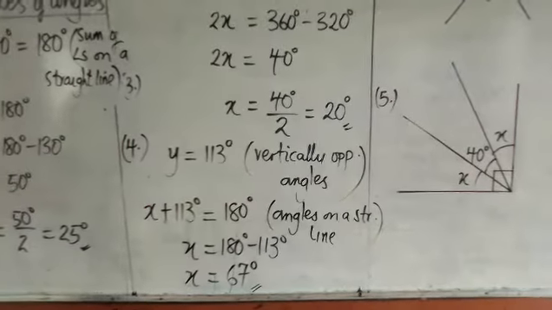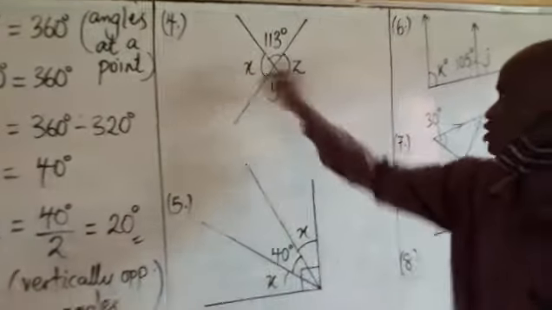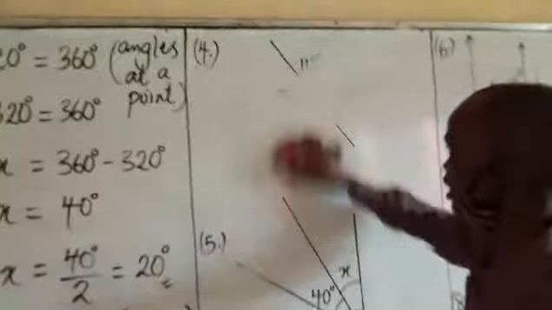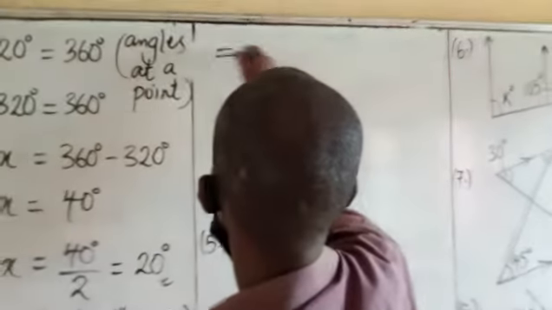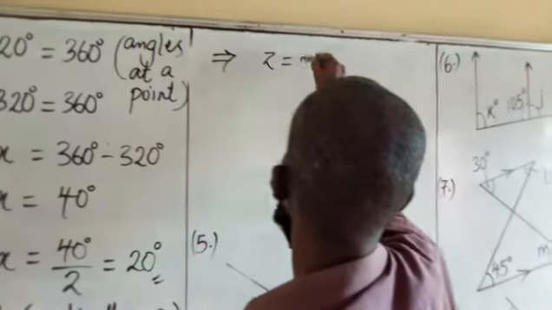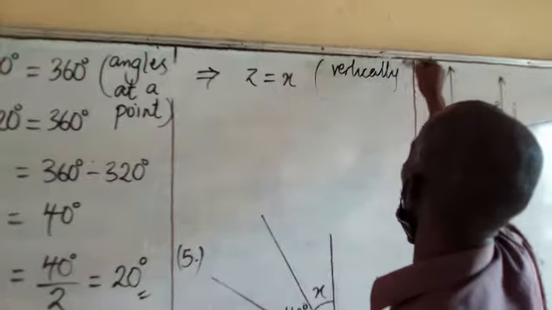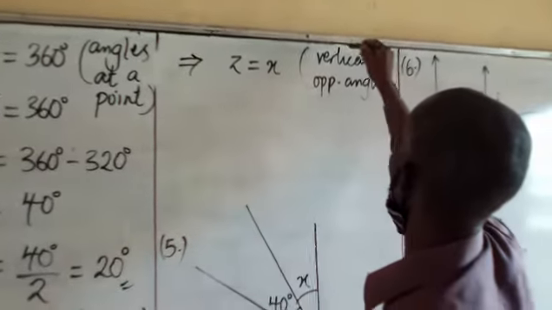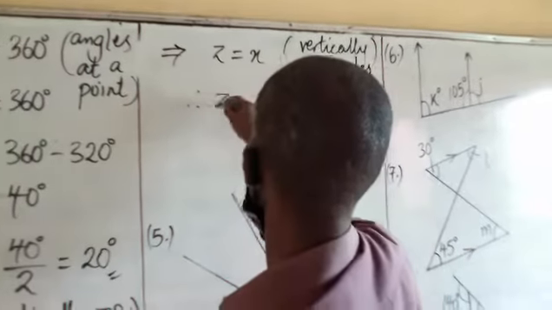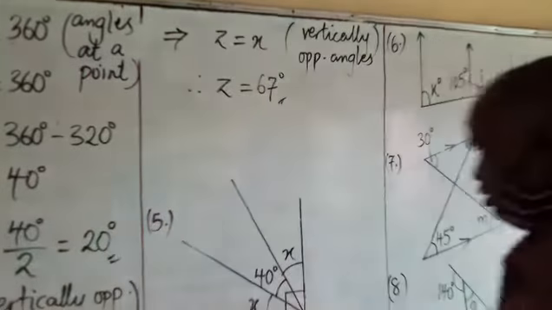Okay, now let's find z. Angle x and z are opposite each other. They are vertically opposite angles. So z is equal to x. Vertically opposite angles. So therefore z is also 50 degrees.